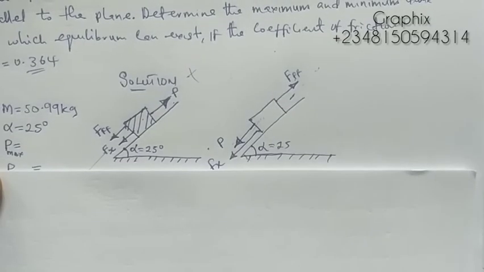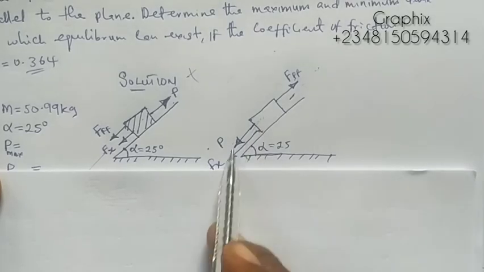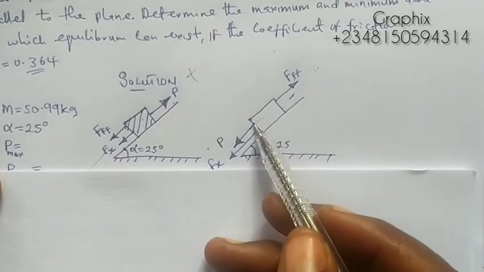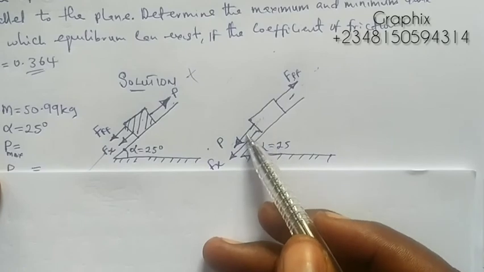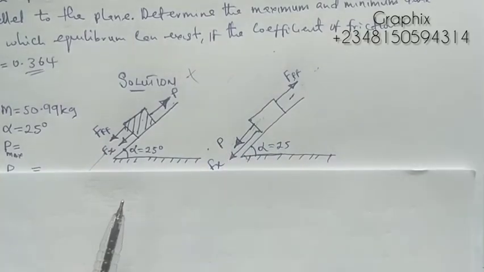Now the minimum force is the force that is going down the inclined plane, right?